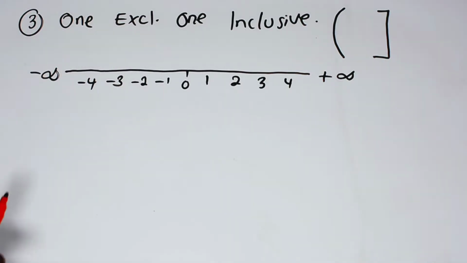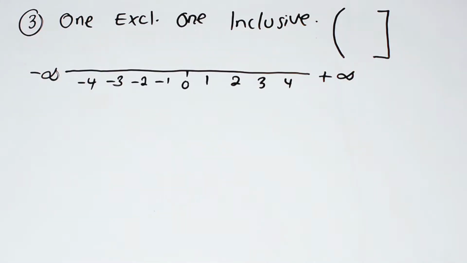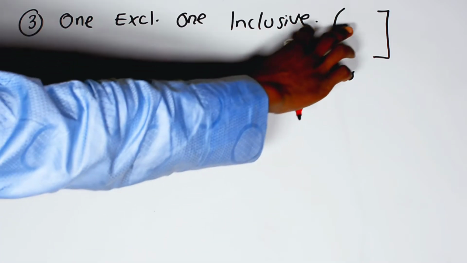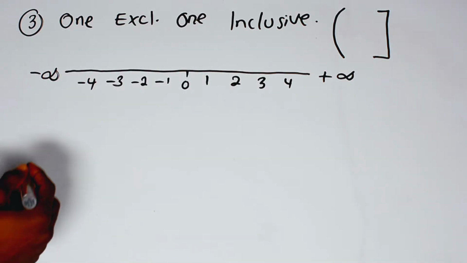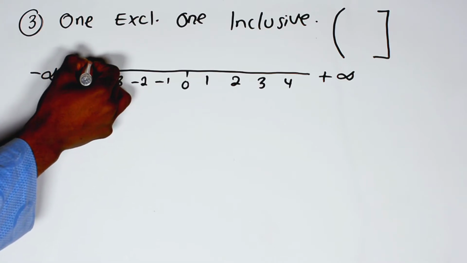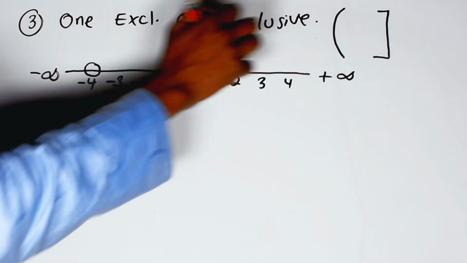Number 3, one exclusive and one inclusive. This is an exclusive and inclusive bracket. So in this case, let's say in our domain or range, we want to show this form. Let's say we want to show exclusively -4. Then we make an open circle.